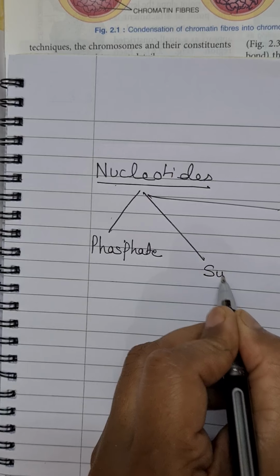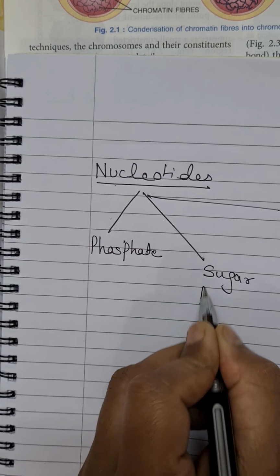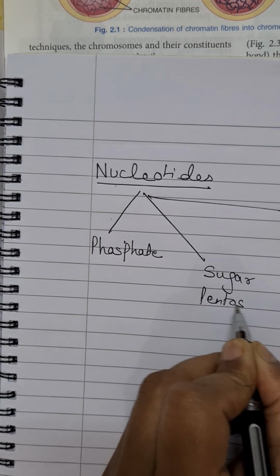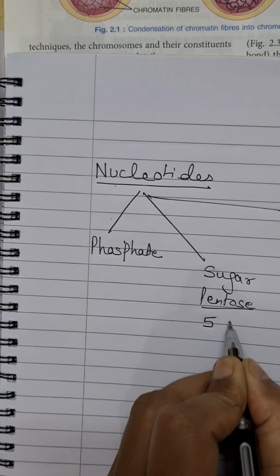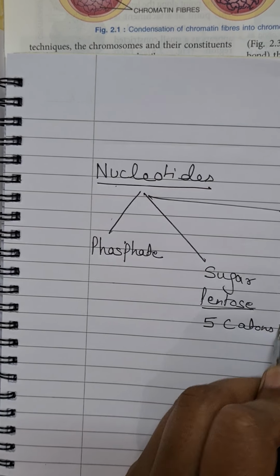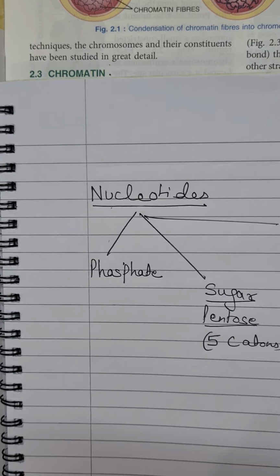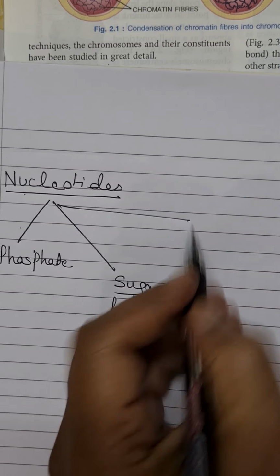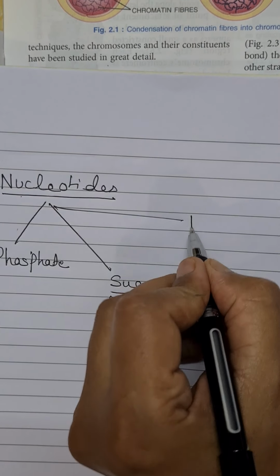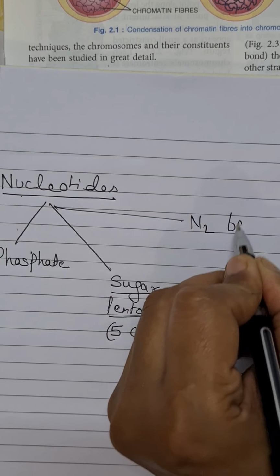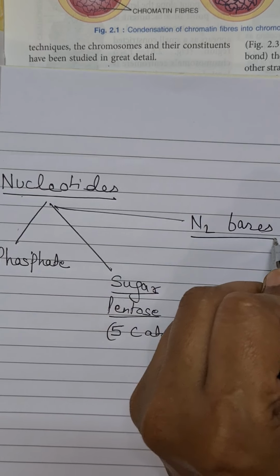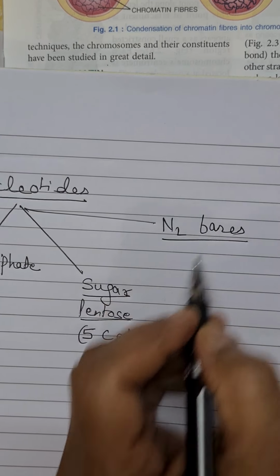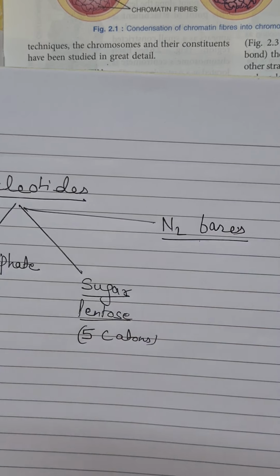Second, sugar. Pentose sugar. Pentose means having 5 carbon atoms, present in the DNA strand. And the third component of the nucleotide is nitrogenous bases. Again, these nitrogenous bases are of 4 types. We will discuss it later.